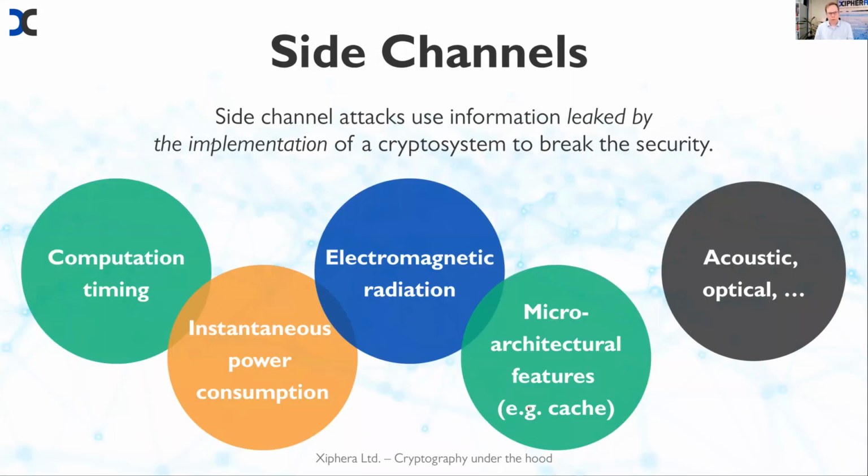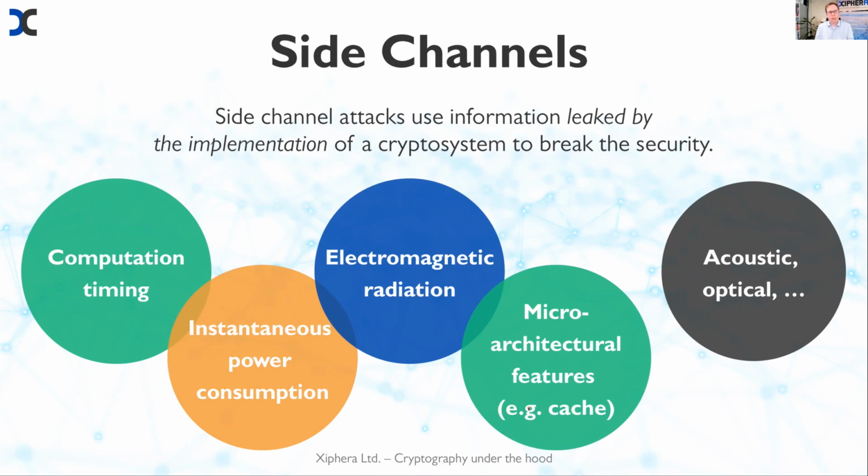Okay, so far we have considered vulnerabilities where the algorithm was implemented incorrectly. But even if you have implemented the algorithm correctly, your implementation may still be vulnerable to so-called side channel attacks. Side channel attacks are attacks where information leaks about the secret value are observed by the attacker via some side channel.